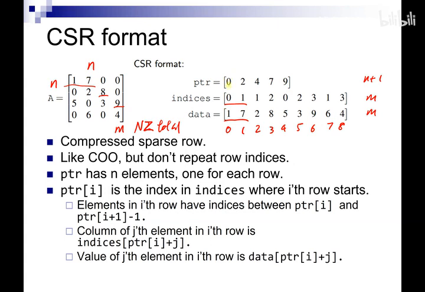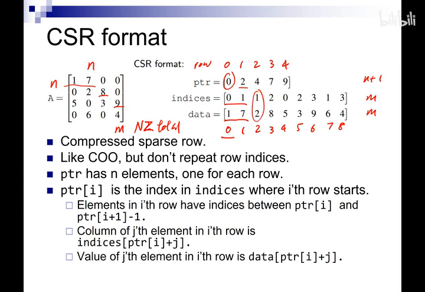So the storage for row 0 starts at index 0 over here, and that's what this 0 represents. Now the 2 represents where the storage for row 1 starts. The rows are 0, 1, 2, 3, 4. For row 1, the storage starts at index 2 over here.